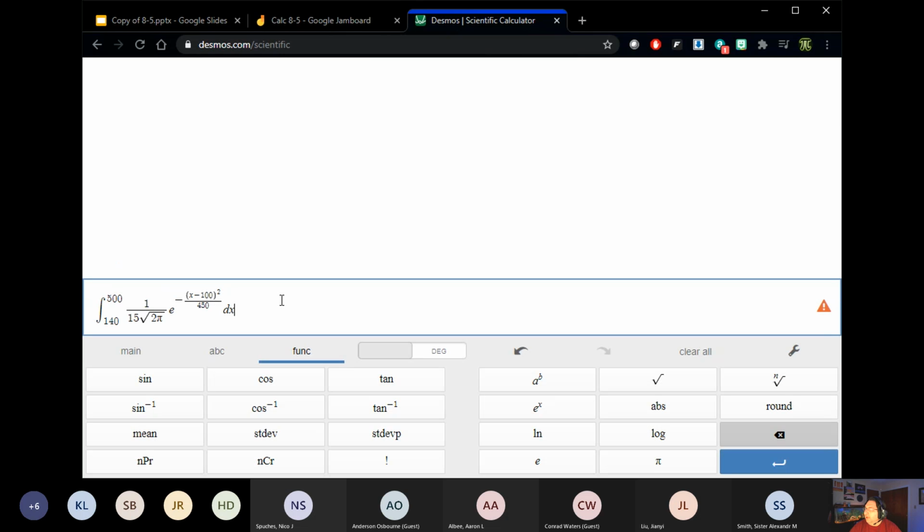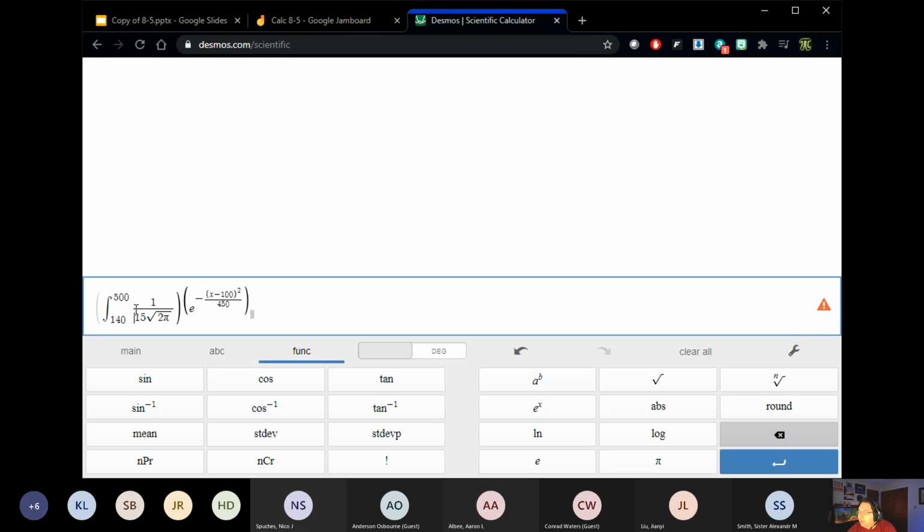dx. And apparently it doesn't like what I typed in. All right, I'll have to play with this a little more. That should work.